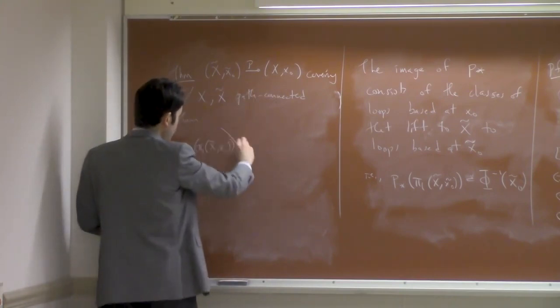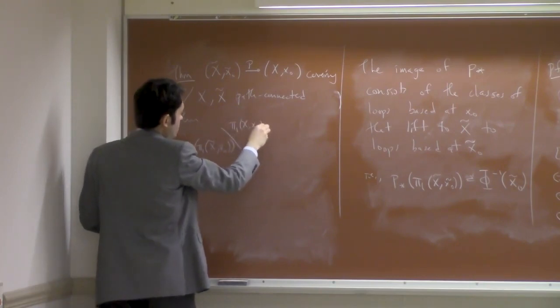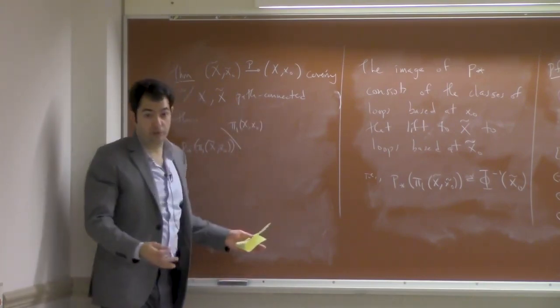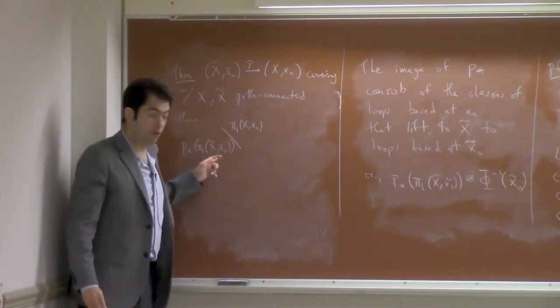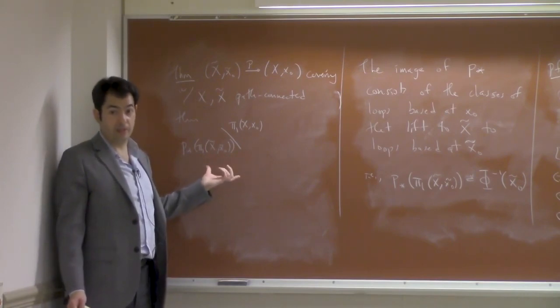And so I can look at the cosets. Right? I don't have any guarantee, at least not so far, that this will be a normal subgroup. So there's no group structure on this necessarily.